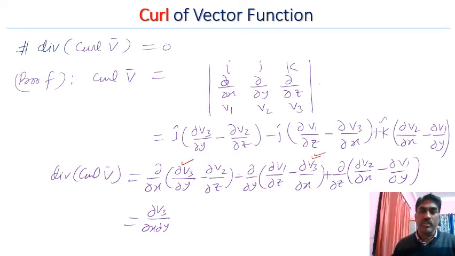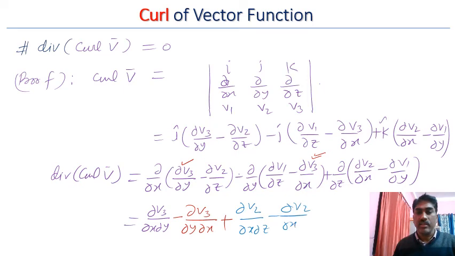This will also give del v3 by del y del x, and now del v2 by del x del z minus del v2 by del x del z.